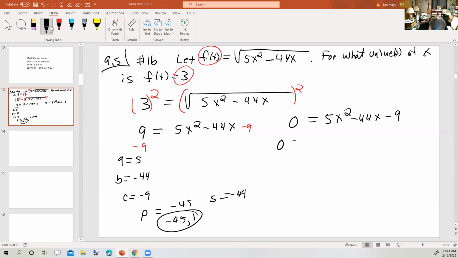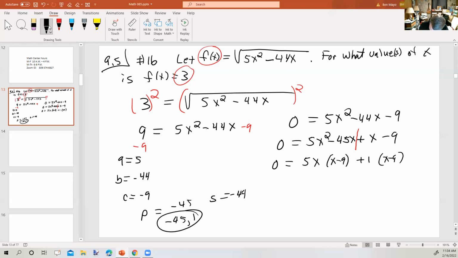So now I've got 0 equals 5x squared minus 45x plus 1x minus 9. Factoring by grouping, I get 0 equals 5x times x minus 9. So over here, I'm going to have x minus 9 and a plus 1 outside.